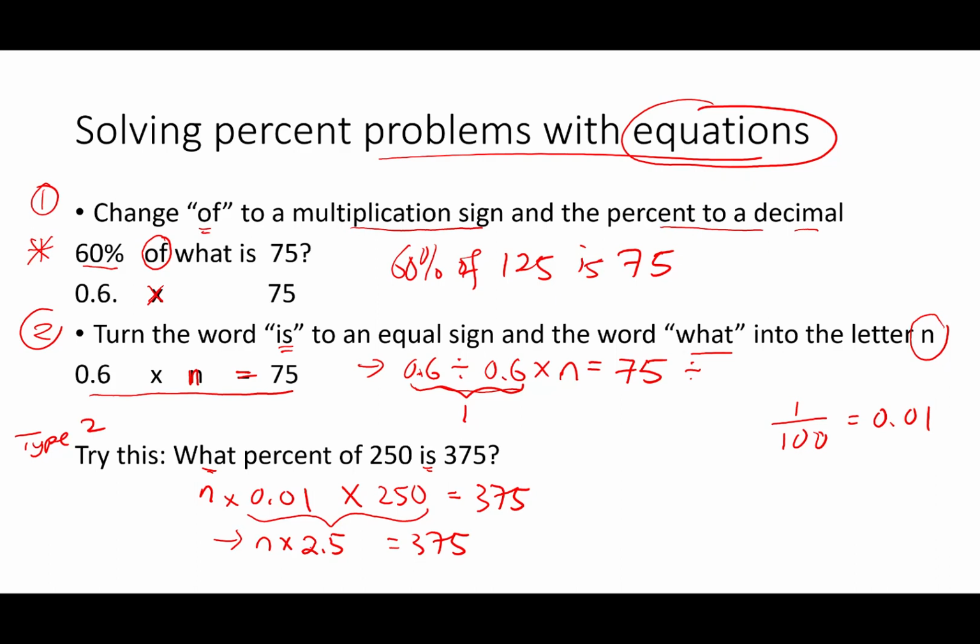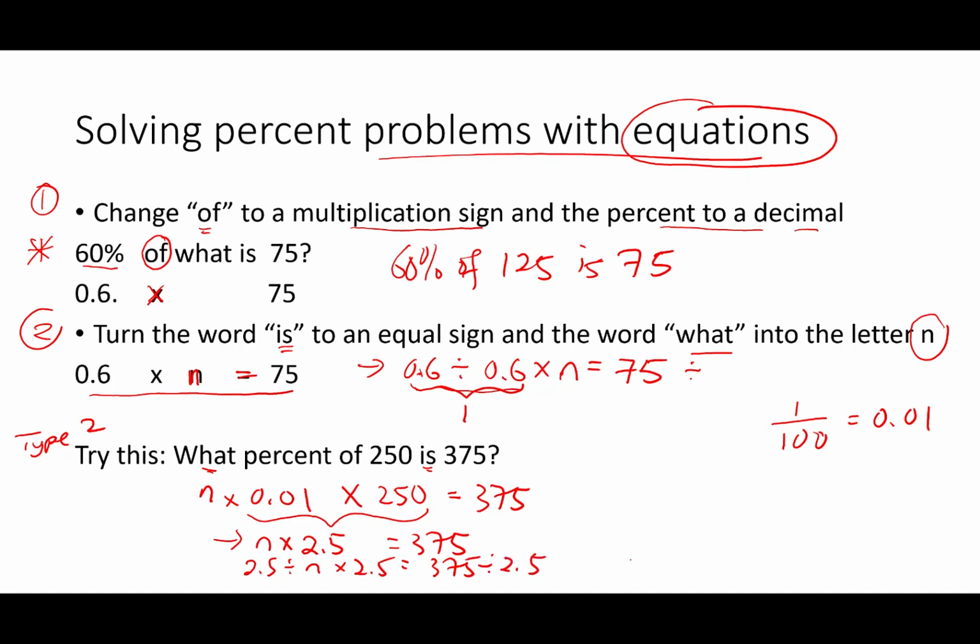To get rid of the 2.5, we can divide by 2.5. We have n times 2.5 divided by 2.5 equal to 375 divided by 2.5.